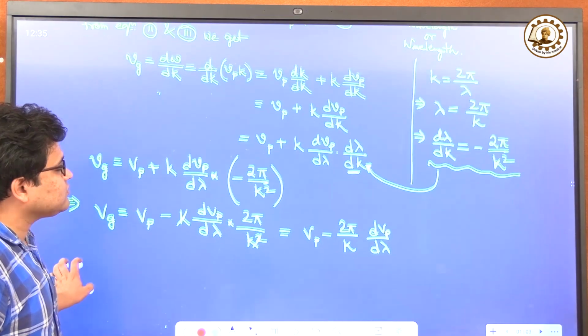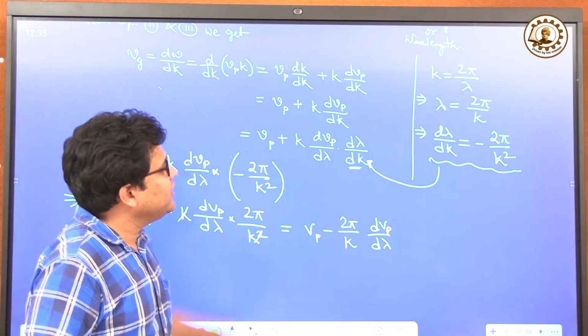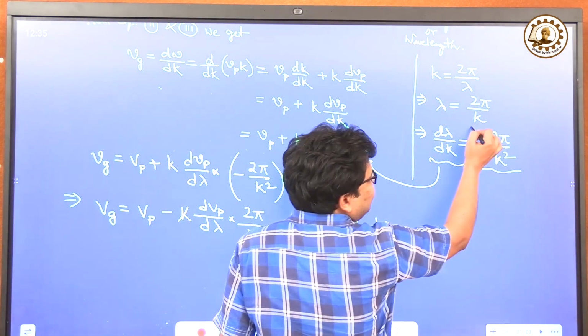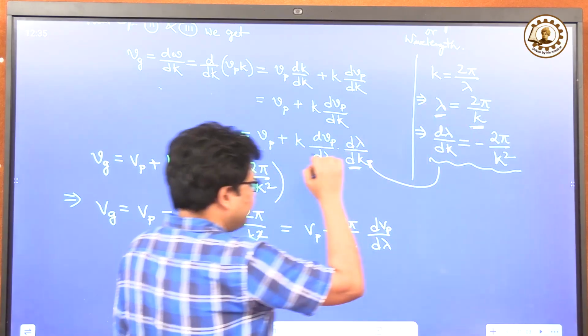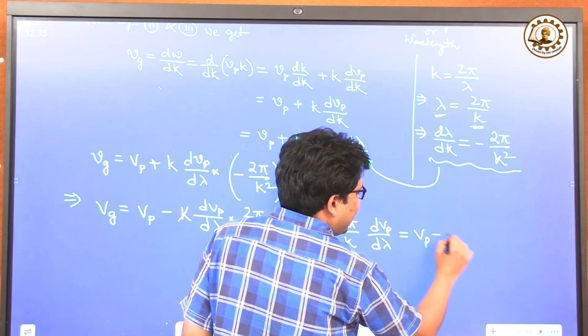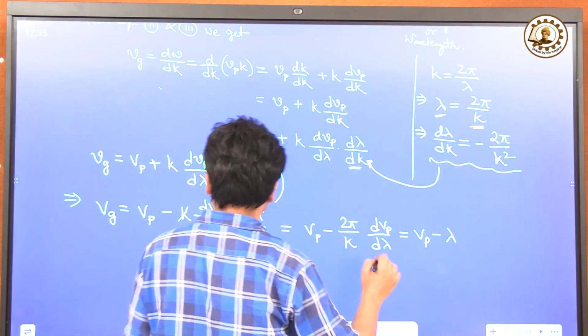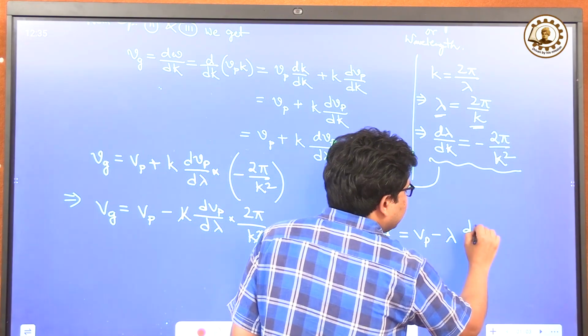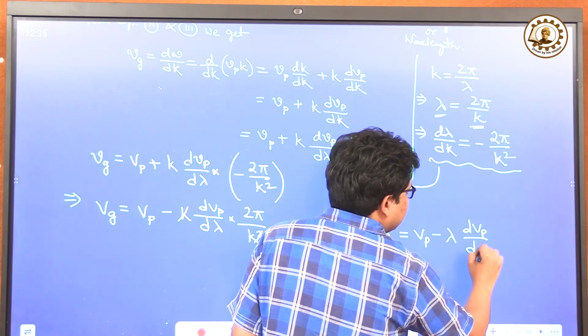Now, what is 2 pi by k? As you can see, 2 pi by k is nothing but lambda itself. So we have Vp minus lambda dVp by d lambda.